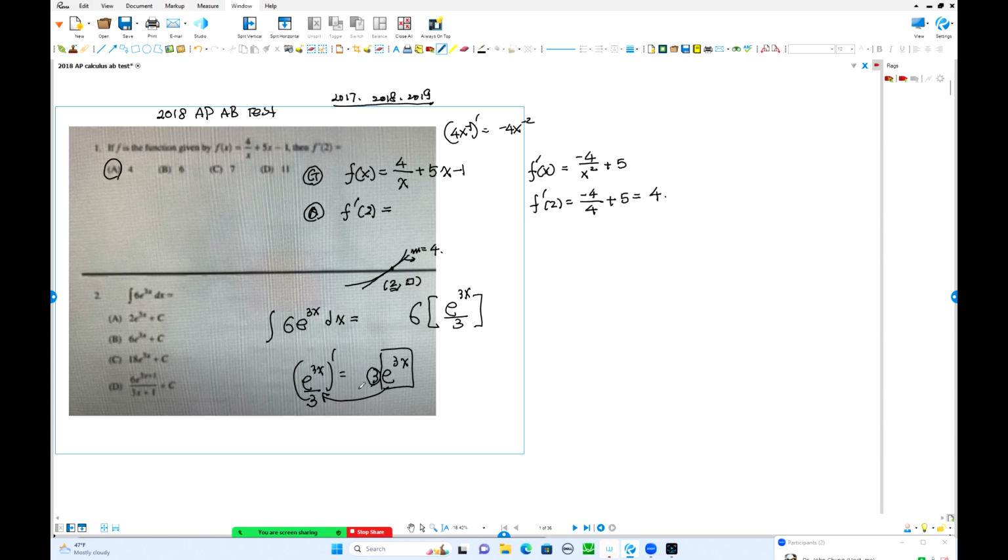After that, we need a constant, okay? So how can you simplify this? 6 divided by 3 is 2, times e to the 3x plus c. So 2 times e to the 3x plus c is A. That's the answer.